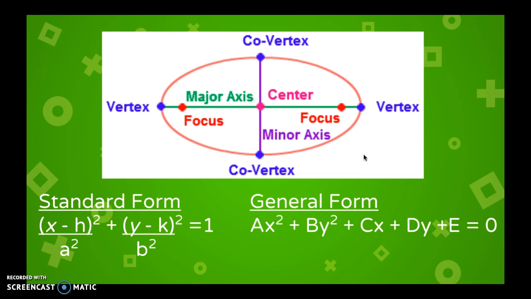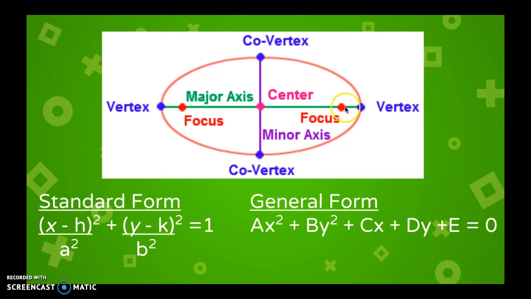So first of all, we see the center here, and then we've got the major axis and the minor axis. Notice that the major axis is always the larger one, and the minor axis is the smaller one.